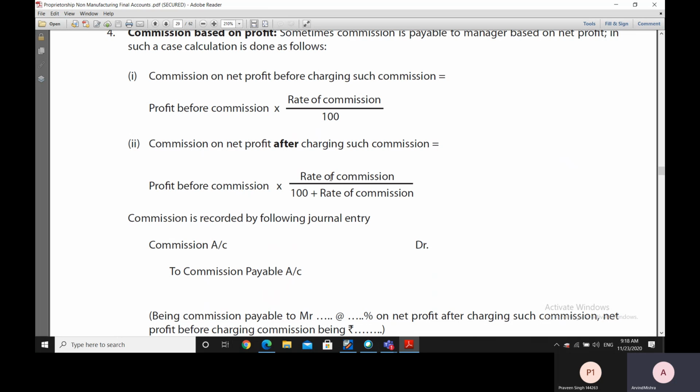We apply the rate, that is, let's say 10 upon 100 plus 10, so 110, like 10 upon 110 of the profit. This is in that situation where we are calculating commission on the net profit arrived at after the commission is being charged.